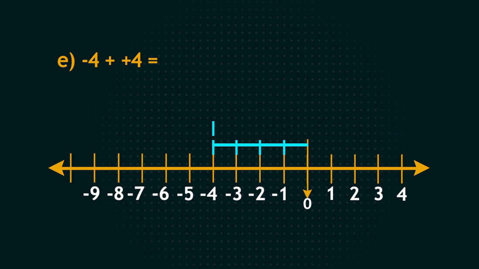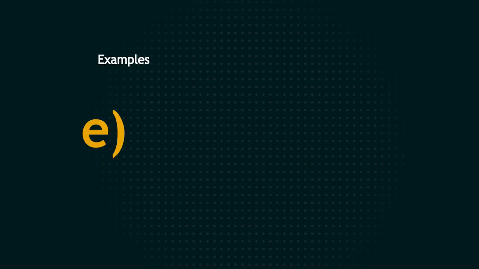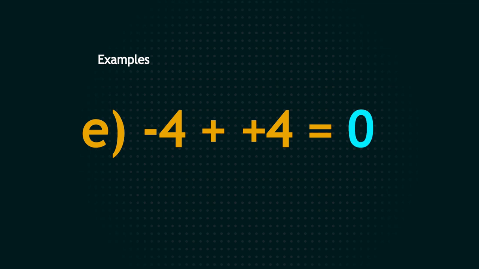From negative 4, 1 step will put us at negative 3. Another step will put us at negative 2. The third step will put us at negative 1. Then the fourth one will put us at 0.